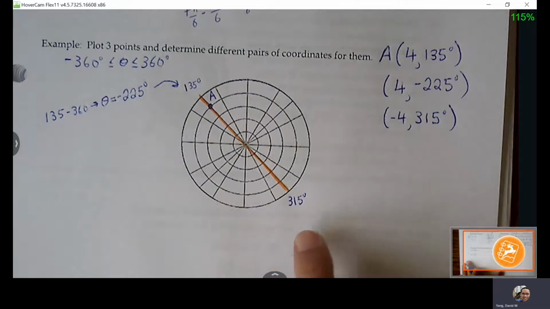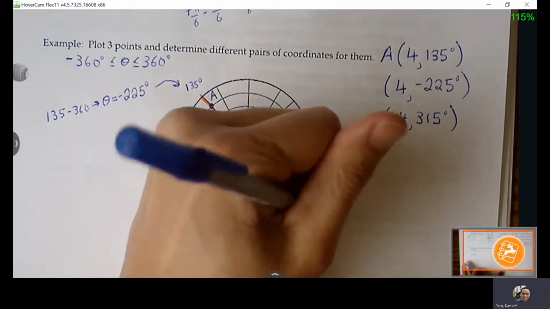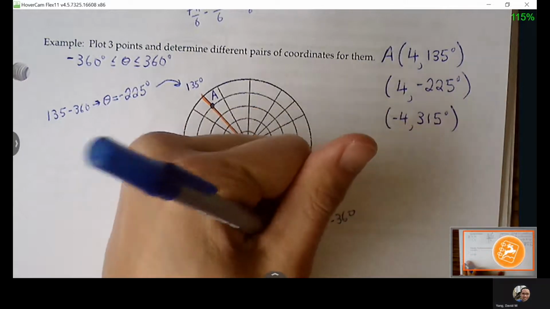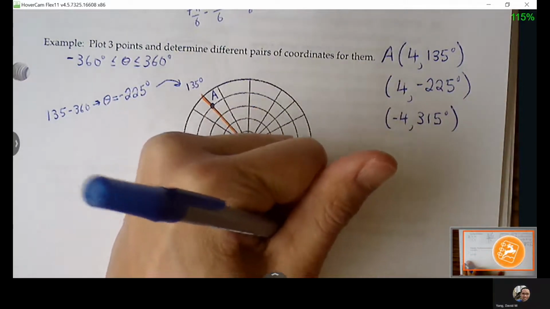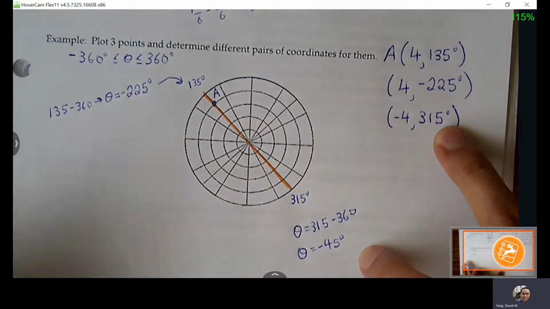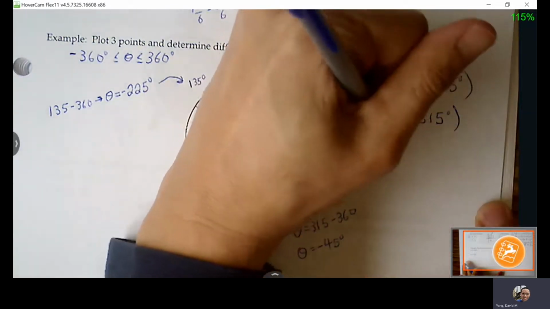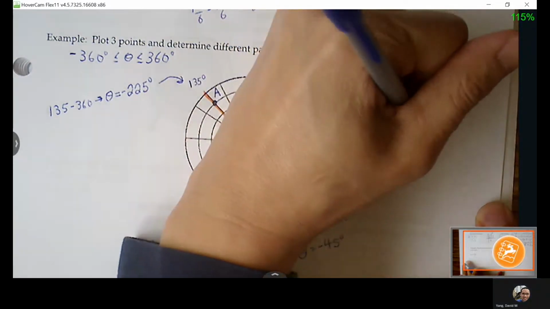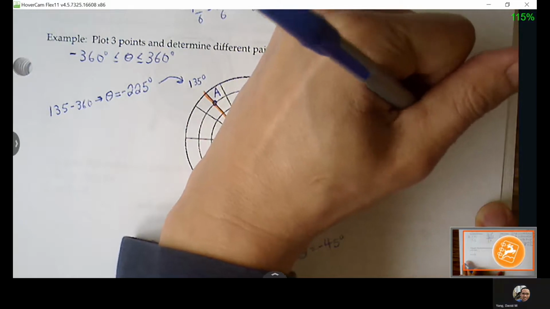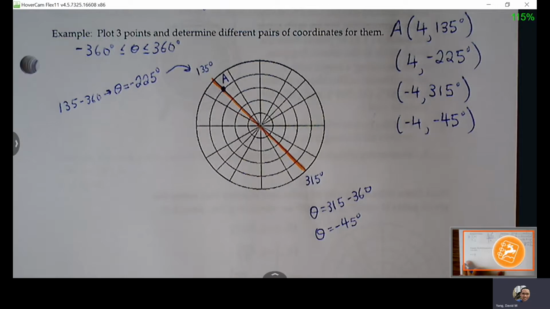Let's do one more. What's another name that we can call this 315? Yeah, we can always subtract 360. The same location as 315, so we can also walk away 4 units. Okay, any questions there?